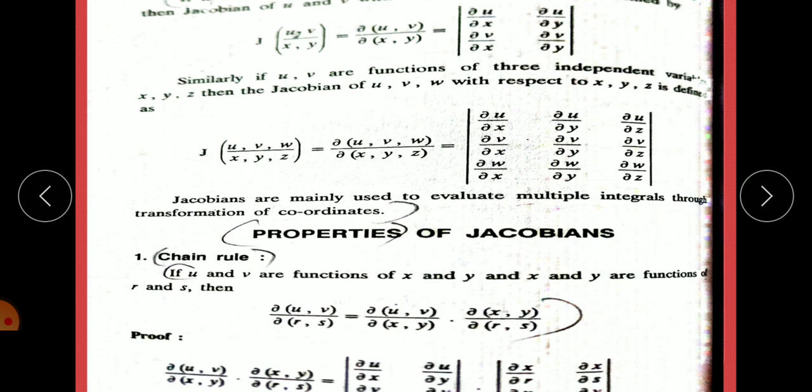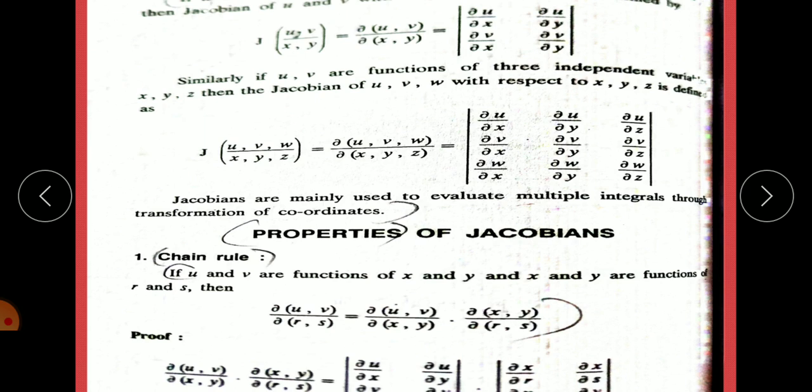Now the properties of Jacobians. The first rule is the chain rule. If u and v are functions of x and y, and x and y are functions of r and s, then u, v depend on x and y, and x and y depend on r and s.